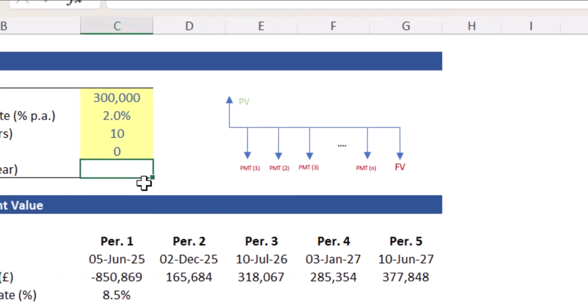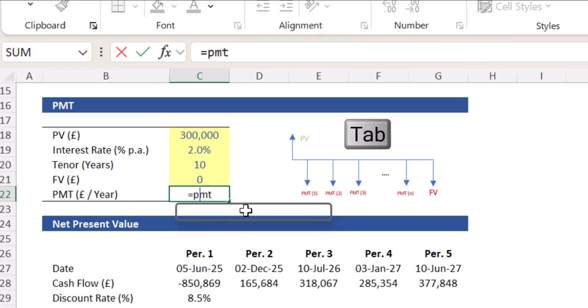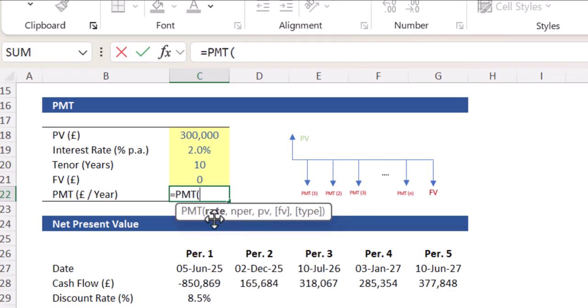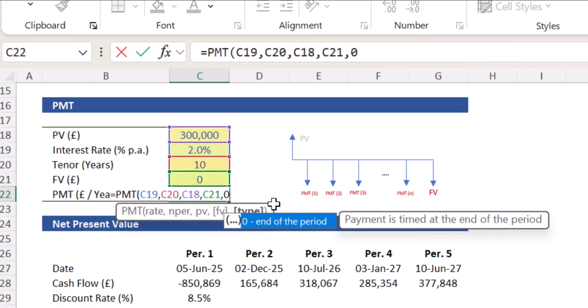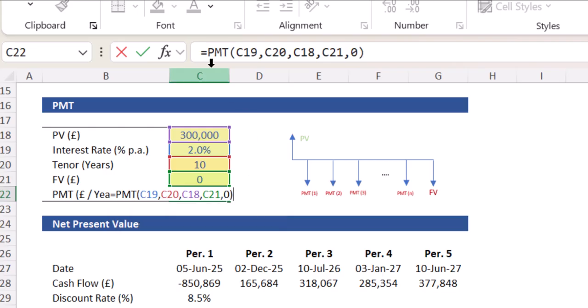And once again, let's use the respective Excel function to perform this calculation, which has similar arguments to the ones used in the functions present value and future value. And let's make sure we have end of period amortization for this last argument and a negative sign at the beginning of this function, as we are interested in the absolute figure only.